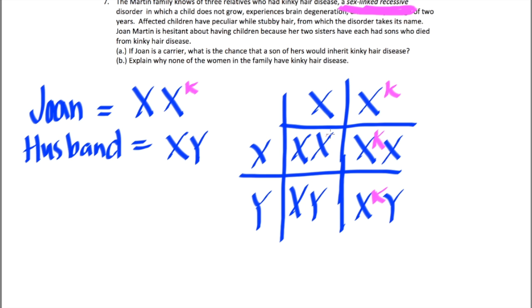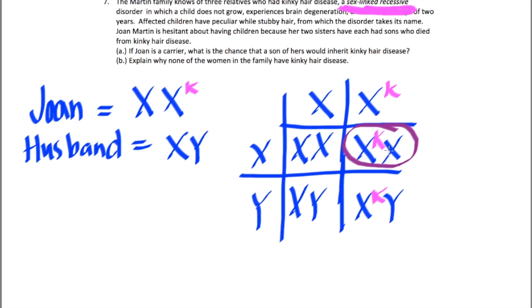So here's my test cross. This normal female is not a carrier. This is a normal male and is not affected. Now, you look here at this situation, she has one daughter that will carry it, okay?